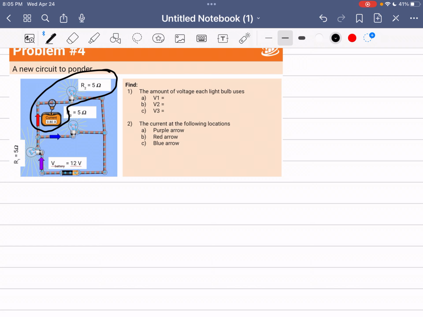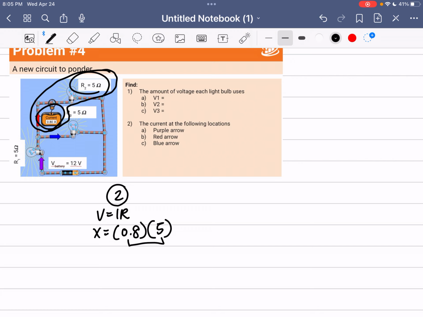So for number 2, V equals IR. V, we don't know it yet. Our current here is 0.8. Our resistance here is 5. These numbers are close together, so they can just multiply. 0.8 times 5 is 4.